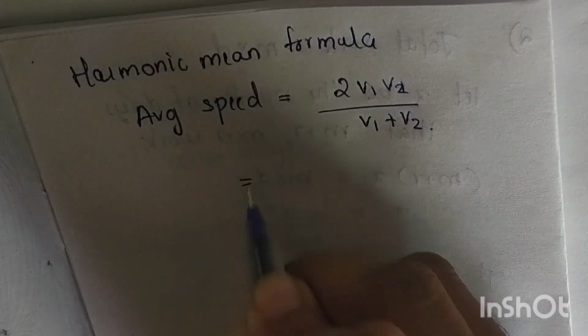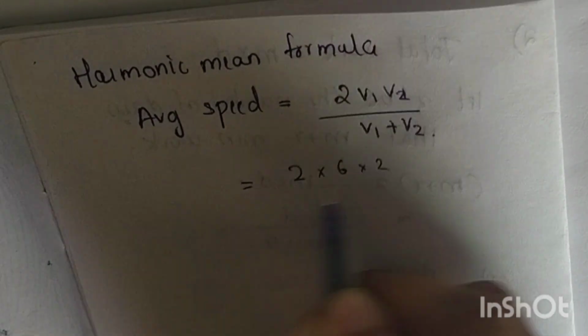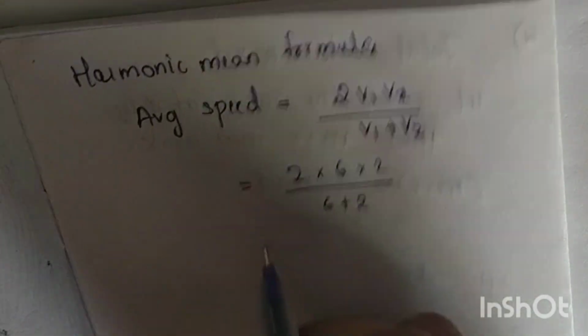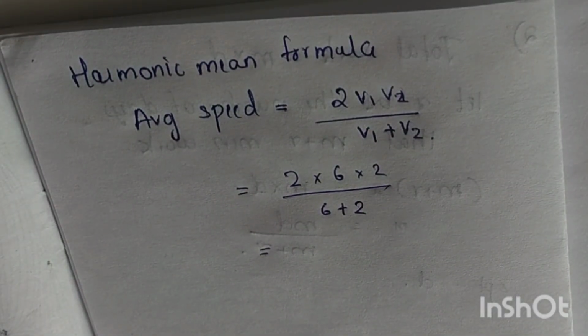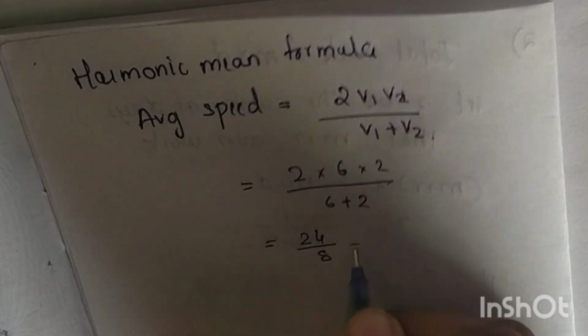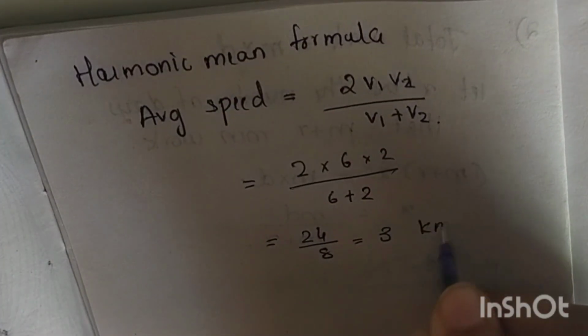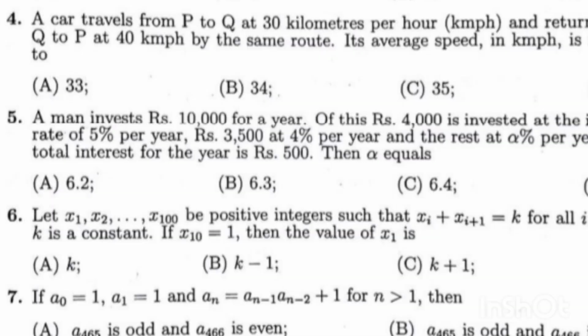So let's substitute the values. 2 into 6 into 2 by 6 plus 2, that is 24 by 8, that is 3 km per hour. So the answer is option A, 3 km per hour.